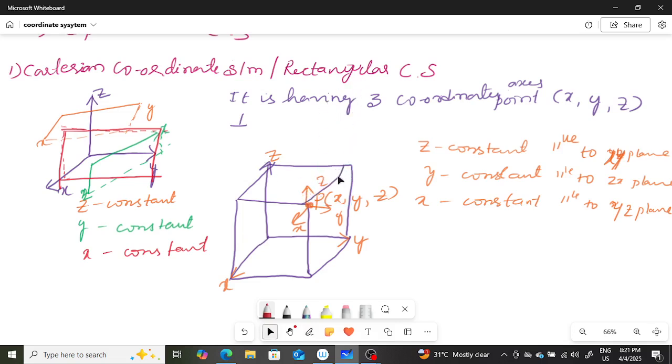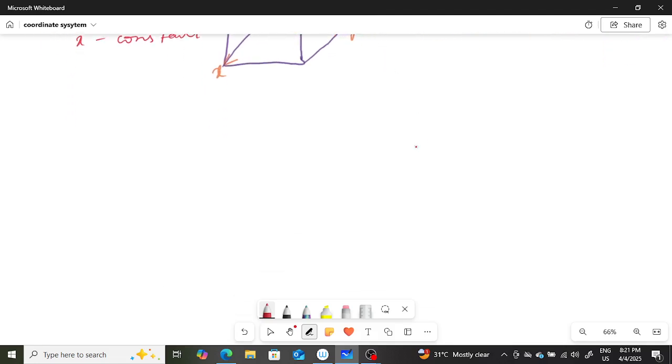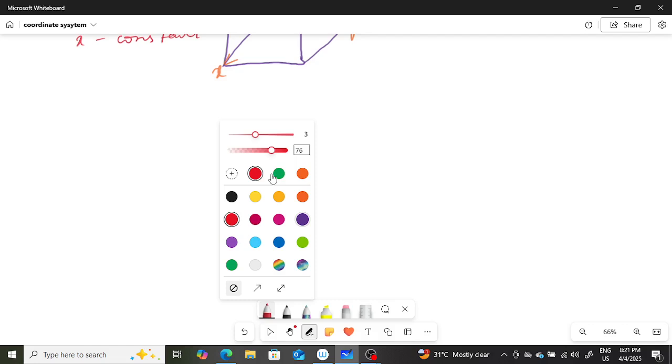Now, till now I have been talking about the magnitude or the pictorial representation of the points. But as I said, for a vector, direction is very much important.